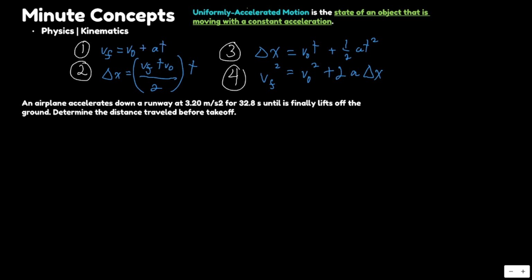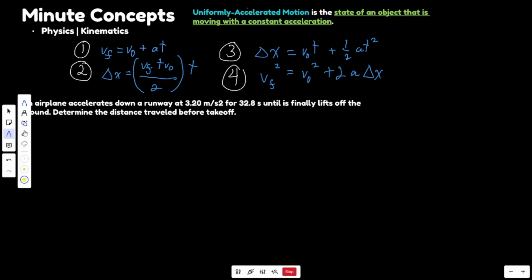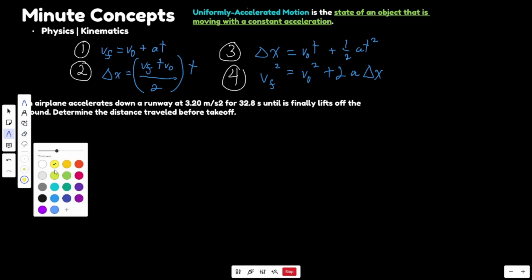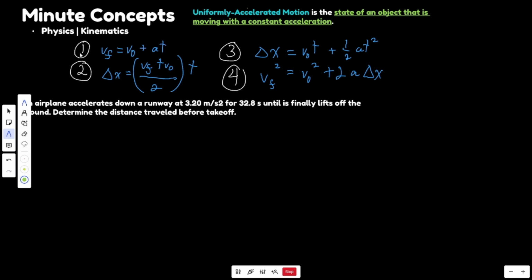So in order for us to figure out how to understand UAM and how to use them in our calculations, we need to first understand the purpose of each equation here. As I mentioned in the last video, this is a recap for those who were able to watch. Each equation is missing one specific variable.